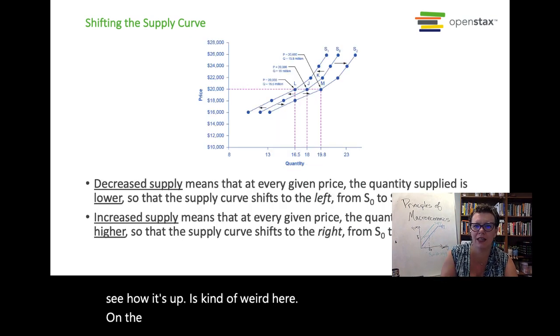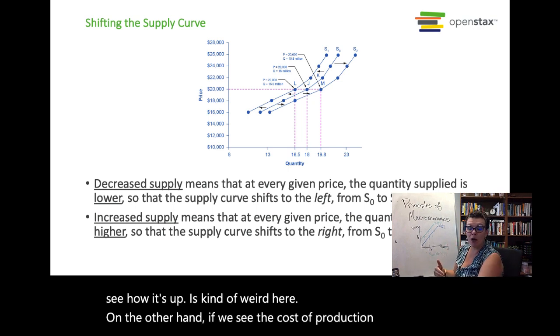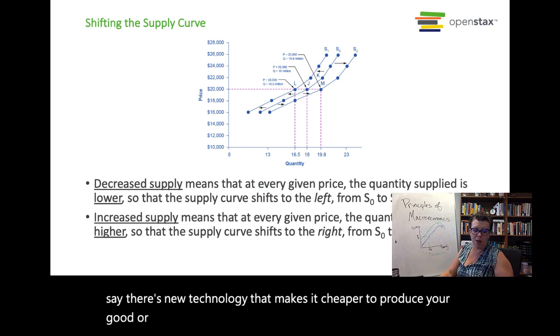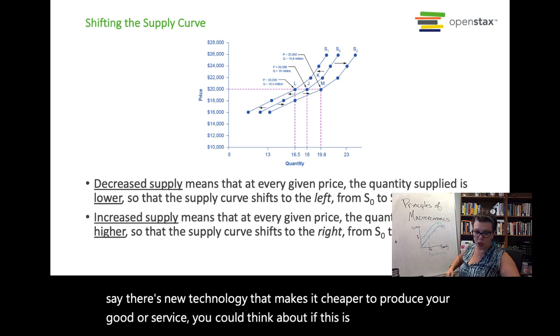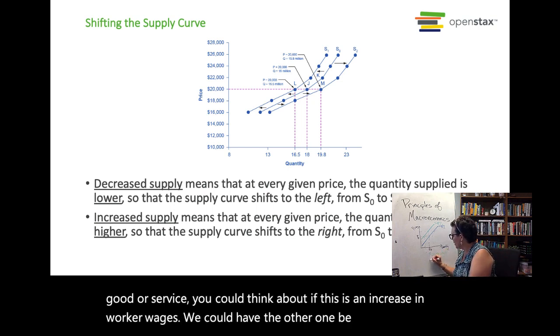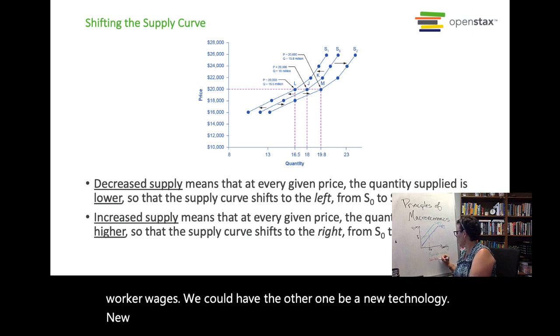On the other hand, if we see the cost of production go down, let's say there's new technology that makes it cheaper to produce your good or service. You could think about if this is an increase in worker wages, we could have the other one be new technology, new machinery that makes it cheaper to produce.